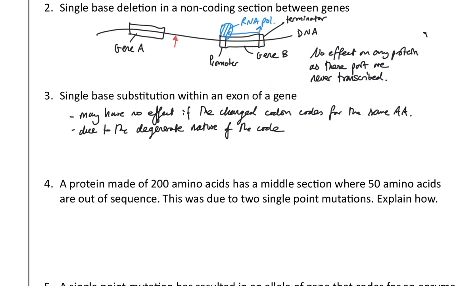Okay, or it may cause one different amino acid in the protein. Depends if the change has resulted in the same amino acid or not. So that one depends as well.